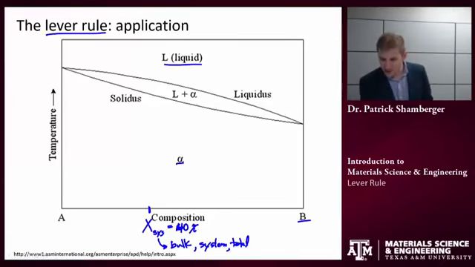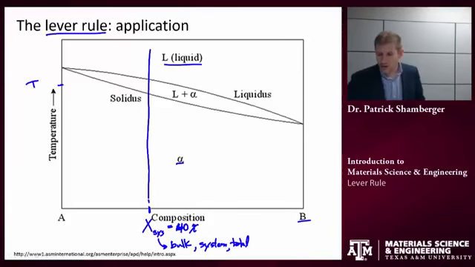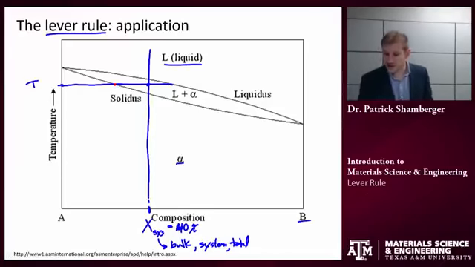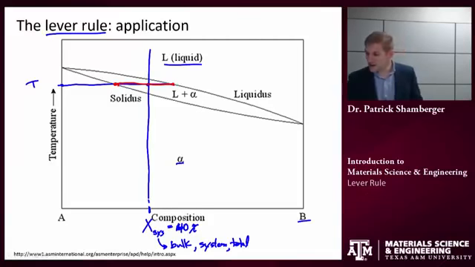Okay, at some temperature up here, we are in the two-phase region. And so the first thing that you want to do when you're in the two-phase region is draw a tie line. And this tie line is going to give us important information.